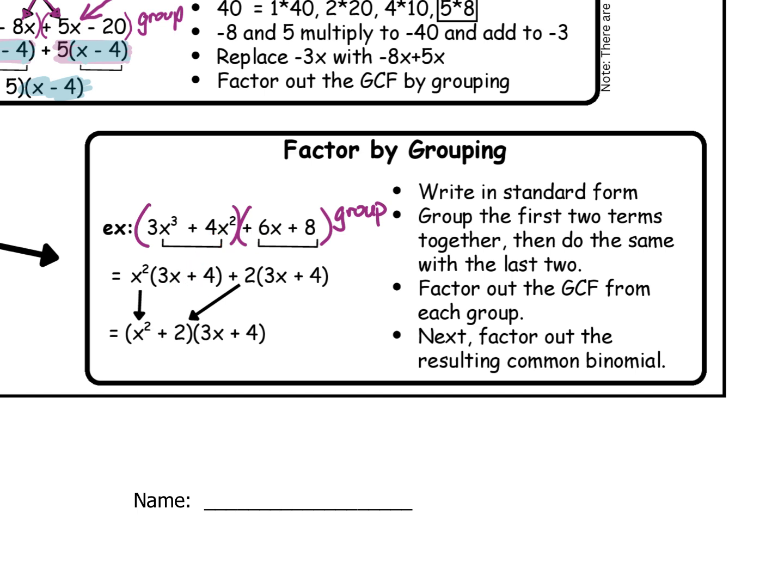Do that again here. The GCF between 6x and 8 is 2, so that's where that 2 comes from. Divide it out, and you have 2 times 3x plus 4. Okay, again, if you think of this as just the common factor, then we have that. And when we divide out, we are left with this and this, which gives us that term, right? We're just going to put those together.